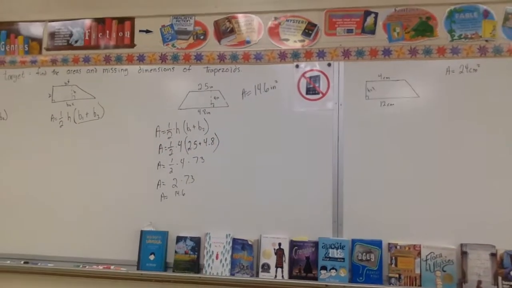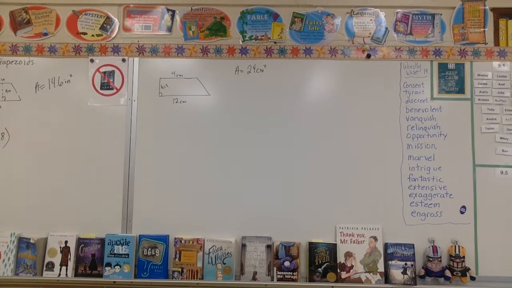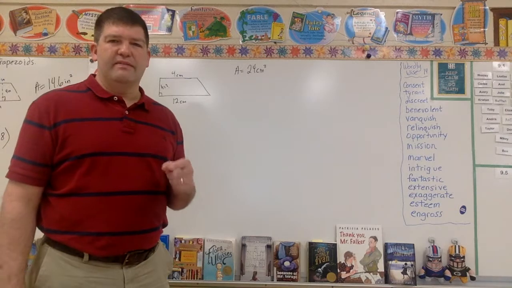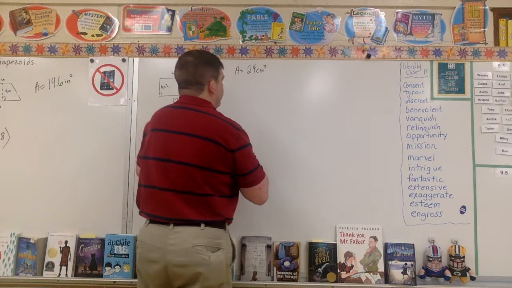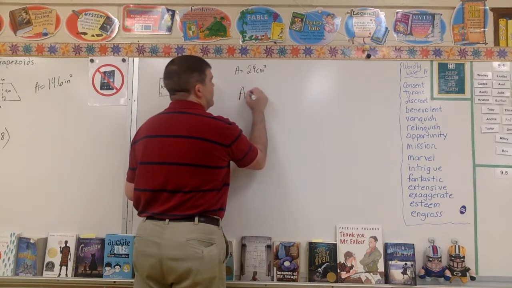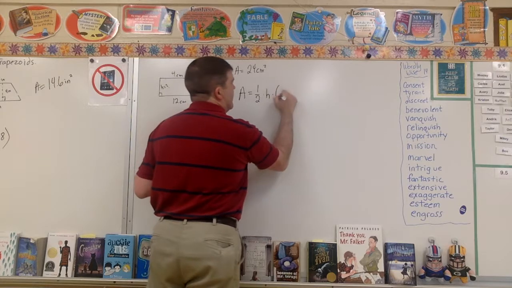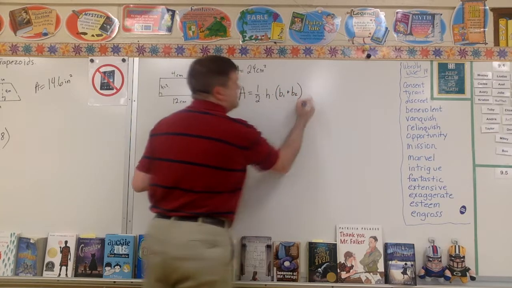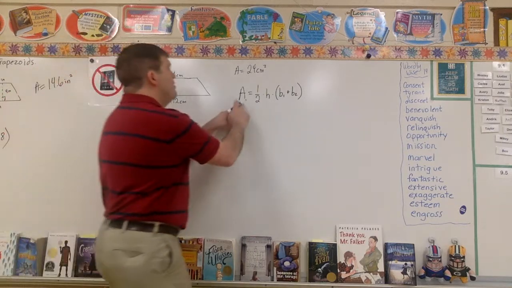In this example, we know the bases, we know the area, but we don't know the height. So I want to figure out what the height is. Okay? I know my formula. Area equals 1/2 times height times base 1 plus base 2. So I'm going to plug in the things I know. Do I know the area?